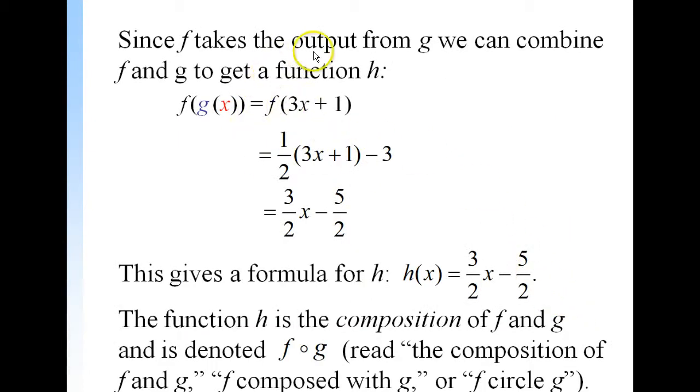Since f takes the output from g, we can combine f and g to get a new function, h. Now, this is written in a certain way, and part of what you need to work on, and I know I had to repeat this a number of times to get a good handle on it, is that here we're saying the function of g now would then be whatever this x was.